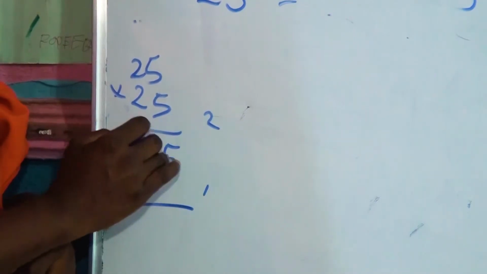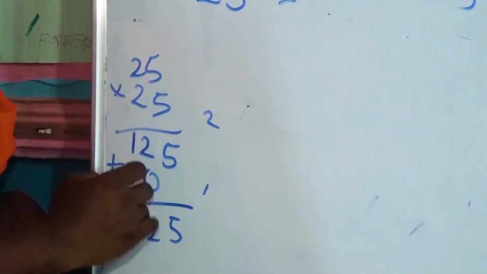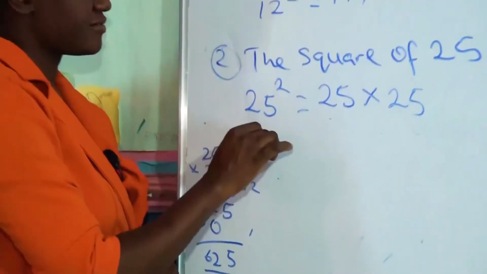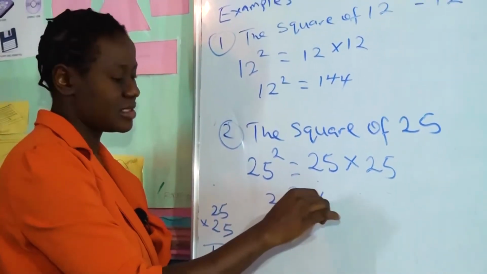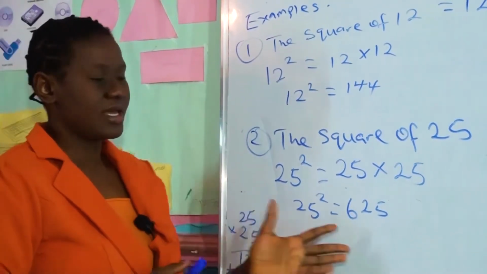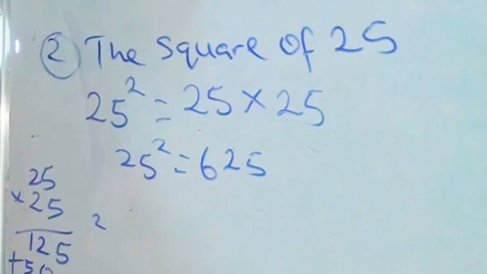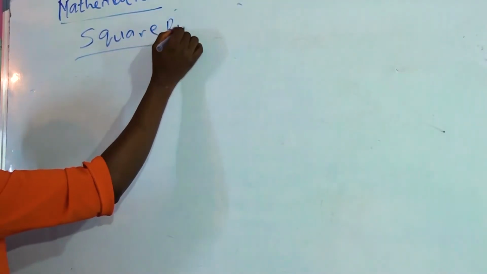Add them together. 5 plus 0, 5. 2 plus 0, 2. 1 plus 5, 6. So we have 25 squared as 625. This 625 is a perfect square. The square of 25 will be 625.